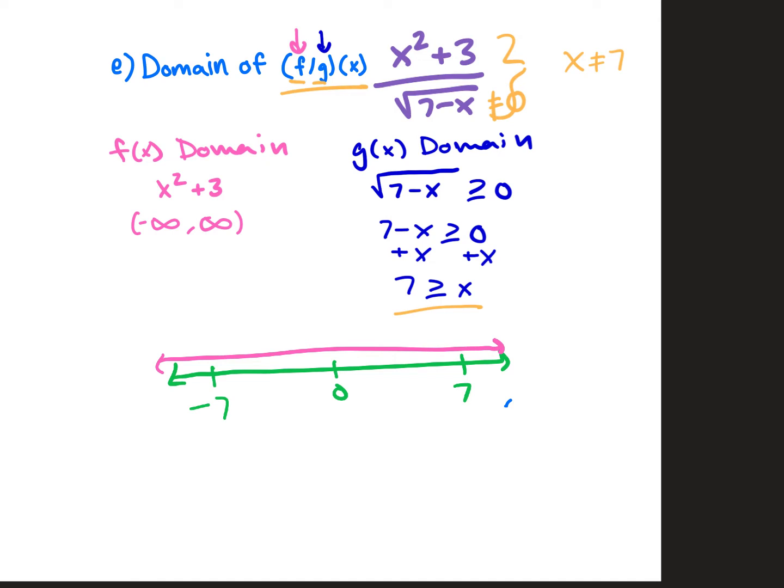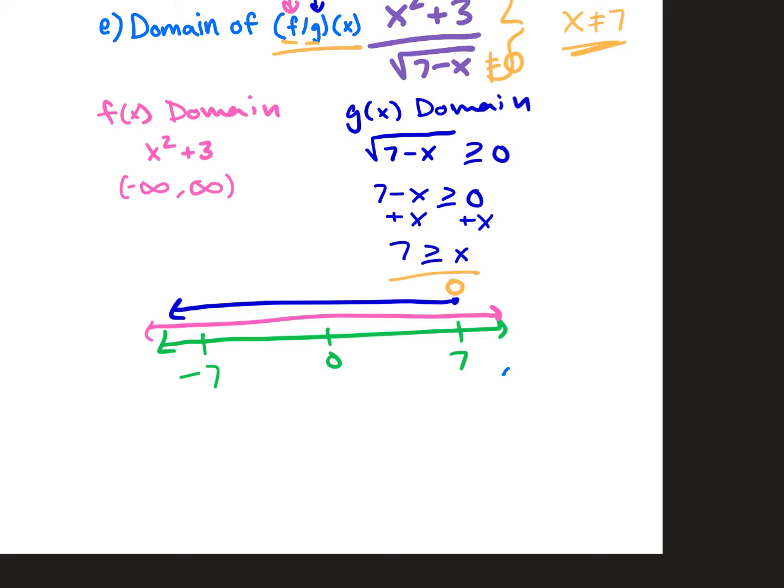The domain of g is x is less than 7, so we start at 7 and go down. And then the domain for f divided by g of x is just x cannot equal 7, so we have a hole at 7, but it includes everything else.